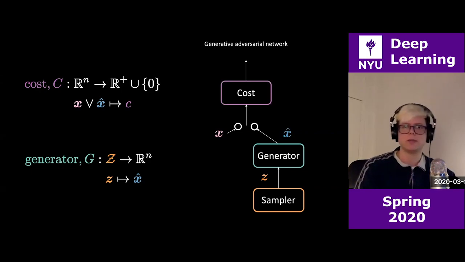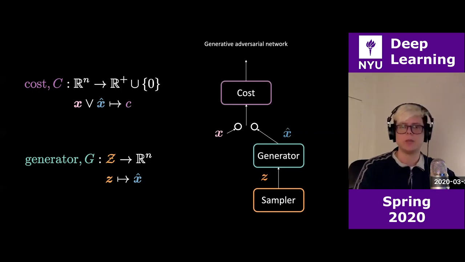So in this case, this cost module, like in Jan's diagram, is going to be a square, okay, which outputs a scalar. The scalar will be a high value, a large positive number, if the input is a fake input. And it should be a low number, hopefully 0, if the input comes from the pink side, the real side. Okay.